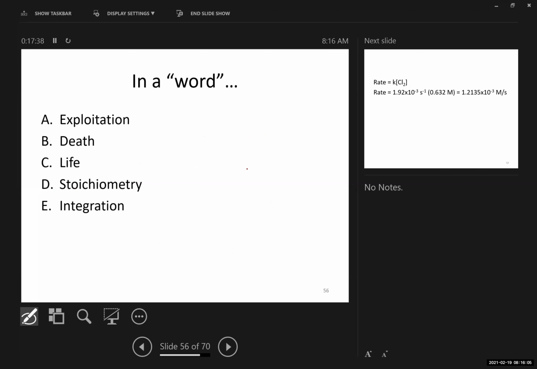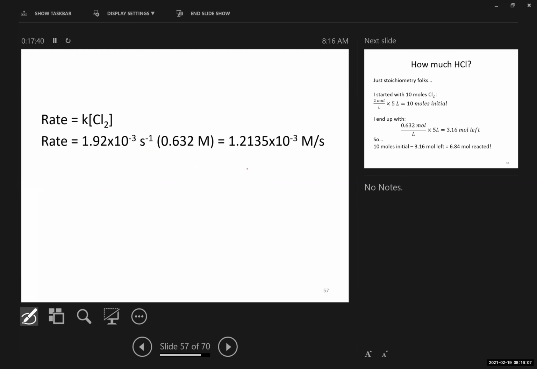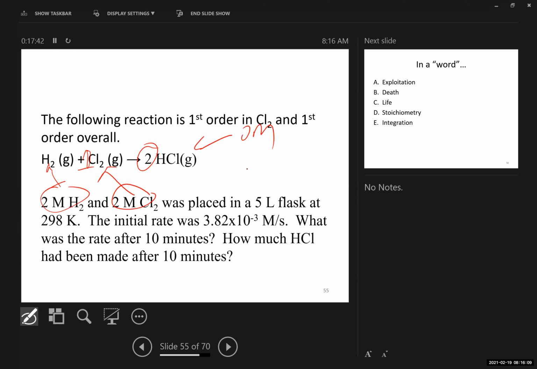I bring this up because if I want the amount of HCl, I can't get it from the amount of chlorine left. I just discovered that there's 0.632 molar chlorine left. Stoichiometry never applies to what I have. I could have started with 2 molar hydrogen and 20 molars of chlorine.